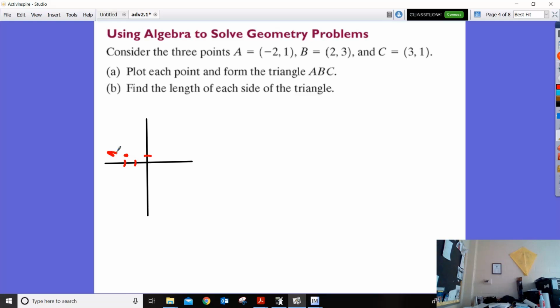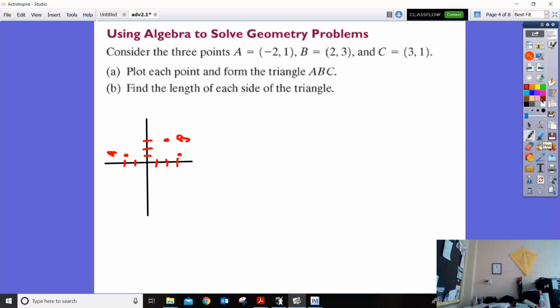There's A. B is at 2, 3. C is at 3, 1. There's my little triangle.